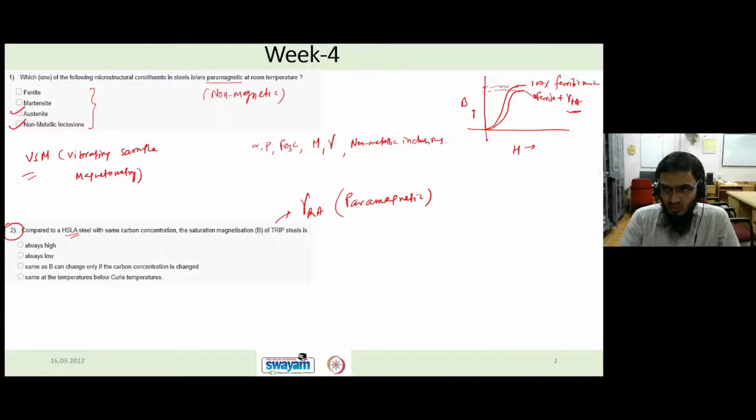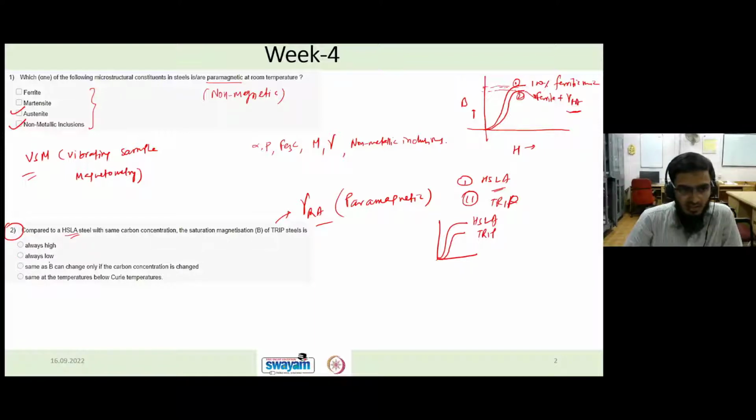As you can see here, case 1 is HSLA steel and case 2 is TRIP steel. Since TRIP steel contains retained austenite in its microstructure, the saturation magnetization will be lower than that of HSLA steel.